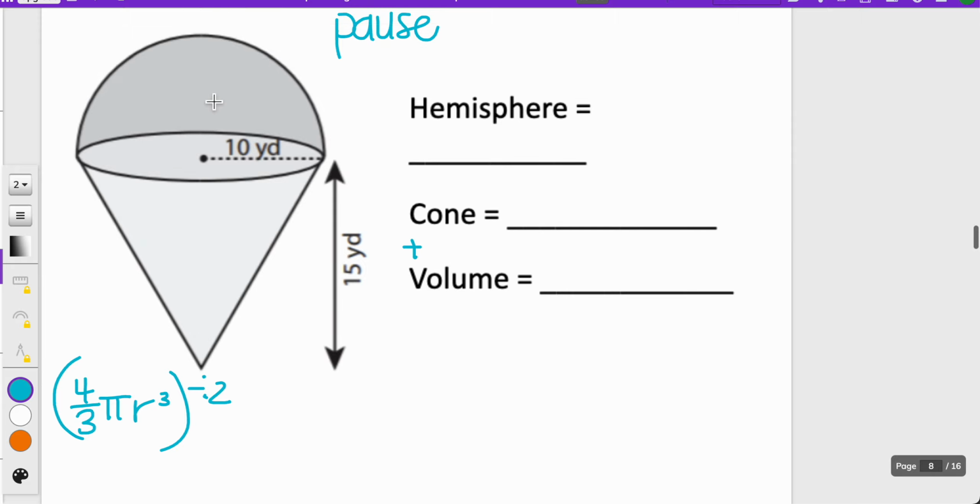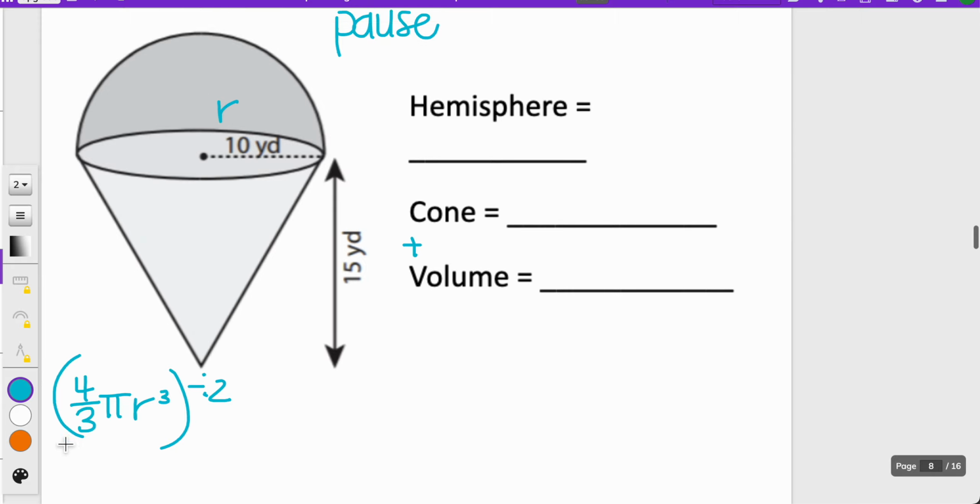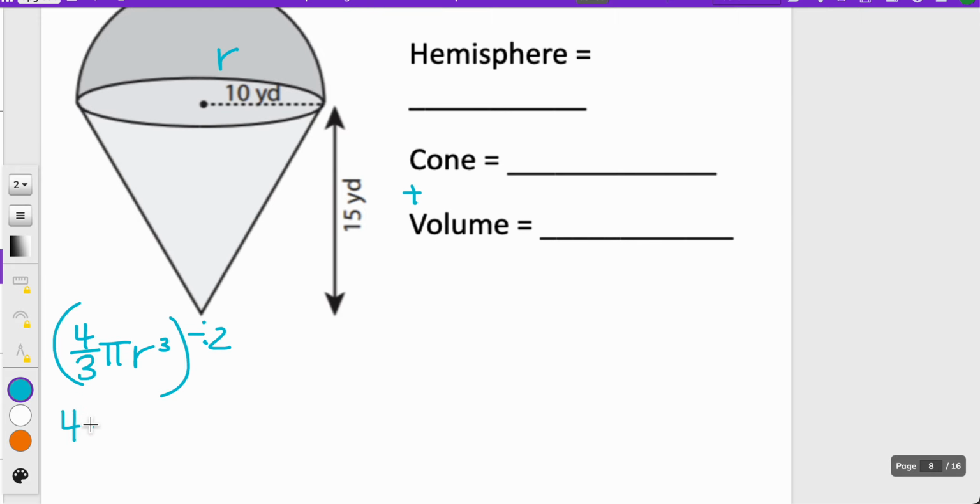For your hemisphere, you just need your radius, and that's exactly what we're given here. Remember, we talked about doing this before, 4 times pi times r cubed. So 10 times 10 times 10, dividing by 3. Then once we get that answer, we'll divide by 2.